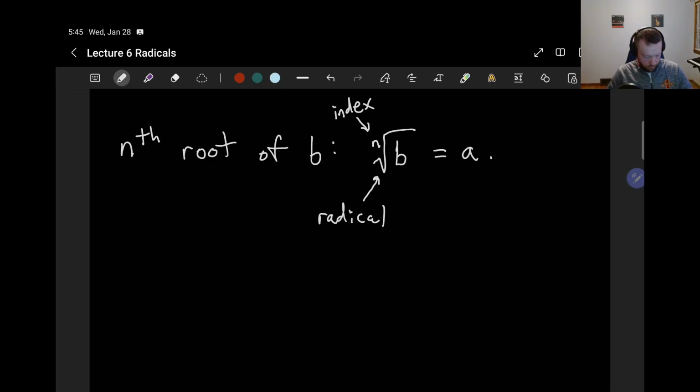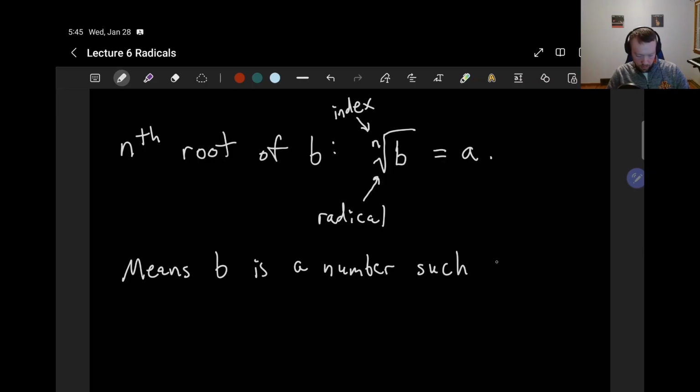What this means is b is a number such that, or with the property, that b is equal to a to the n. We do need to add a little bit of nuance to this.